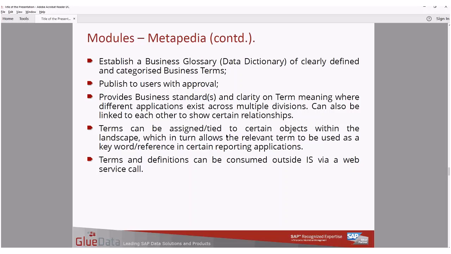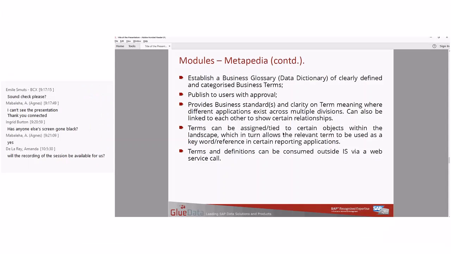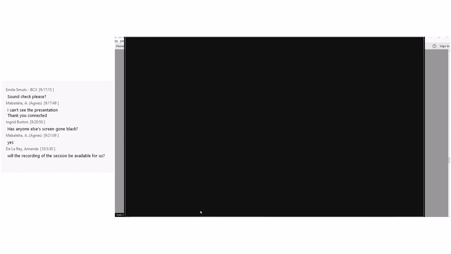So this effectively would allow the business to go and define what it means in each of these areas, and then we can link the terms to objects, within Information Steward even. So when I have a rule on a specific field, I can have that visible. So when I go and change my rule, I can actually see what it does mean. That provides a lot of value to the business user in terms of the understanding. A business glossary then gets everybody effectively to speak a common language. Okay.